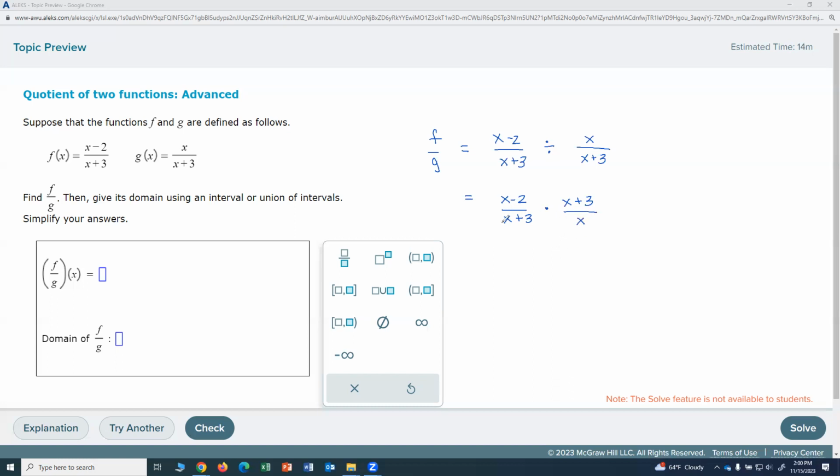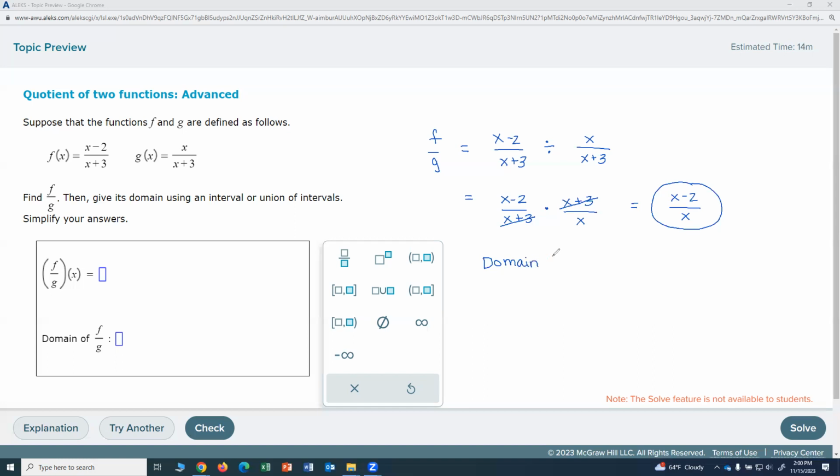Okay, and now the x plus 3 cancels because it's in the denominator and in the numerator. So I'll actually just get x minus 2 over x. So that's f over g. And now we have to figure out the domain.